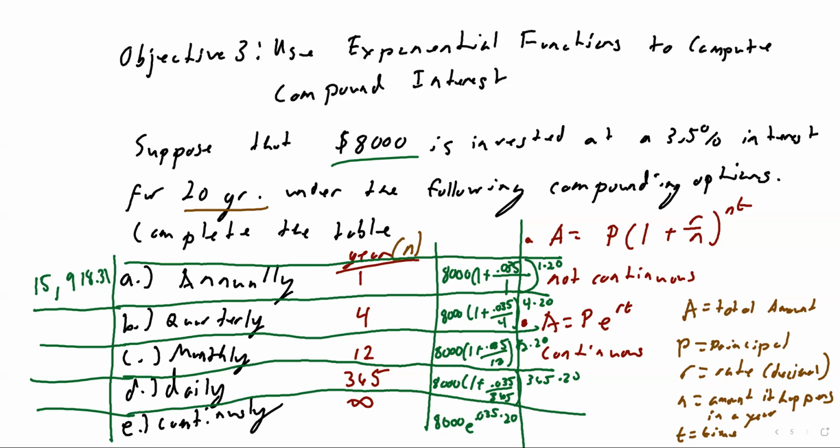You've got to add the 1 to that. Okay. And then rooftop. Yes, and then raise it, but it's not 20 anymore. It's 4 times 20. So you would raise it to 80. You can try, but I don't know what 1.000875 raised to the 80th power is. If you do, more power to you.